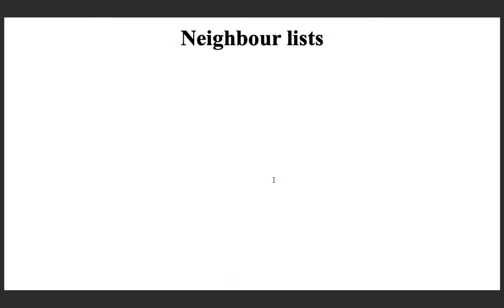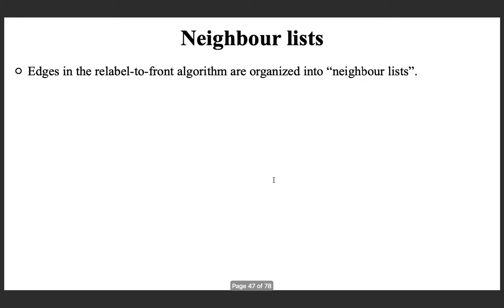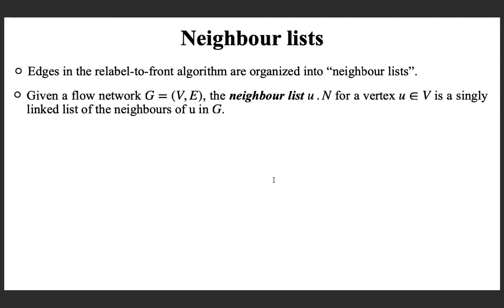Now we can discuss the data structures used in that algorithm. Edges in the relabel-to-front algorithm are organized into neighbor lists.